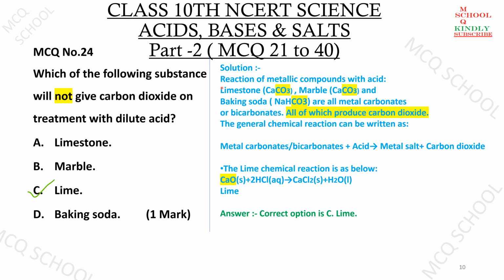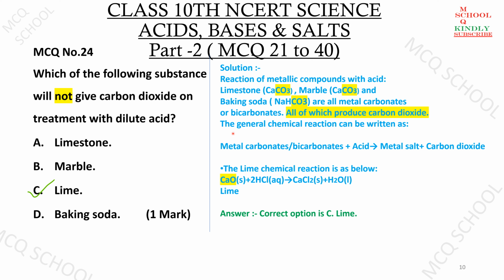The reaction of the metallic compound with the acid: limestone, calcium carbonate, marble, calcium carbonate, and baking soda, sodium hydrogen carbonate, are all metallic carbonates or bicarbonates. All of these produce carbon dioxide on reaction.